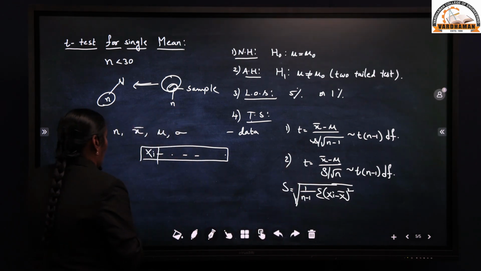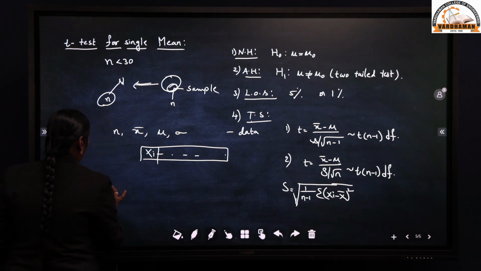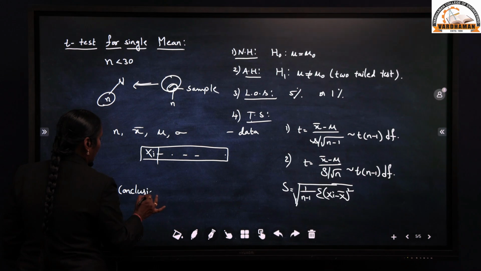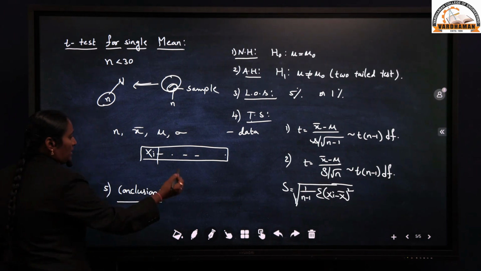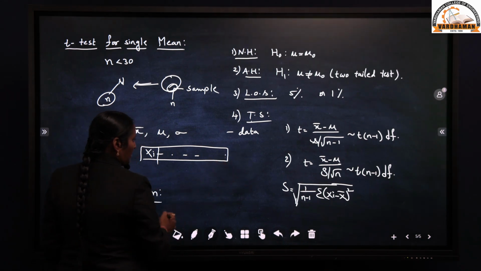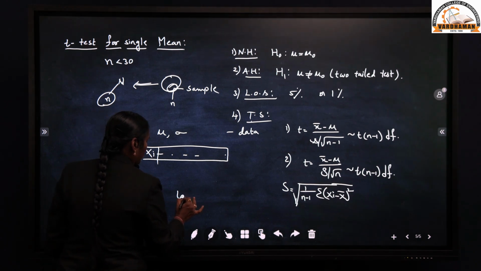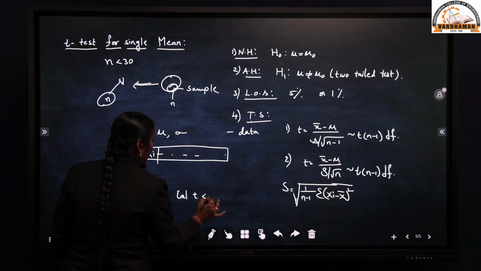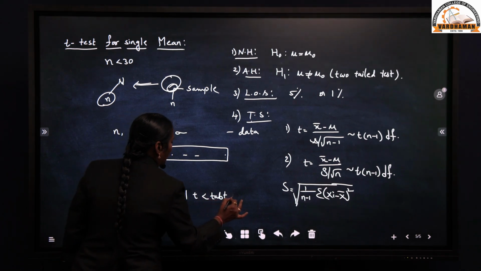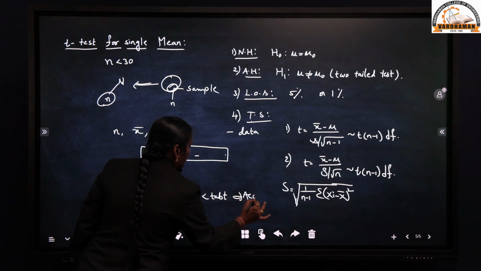Now all four steps are completed. Let us see the fifth step, which is the conclusion. Based on the calculated t, if the calculated value of t is less than the tabulated value of t, we accept H naught.